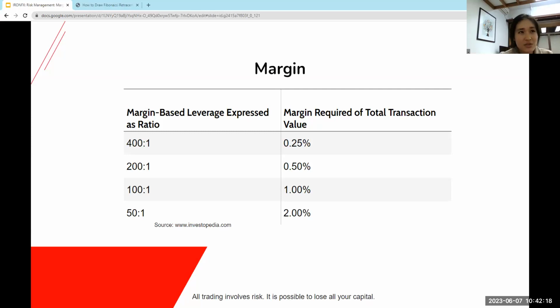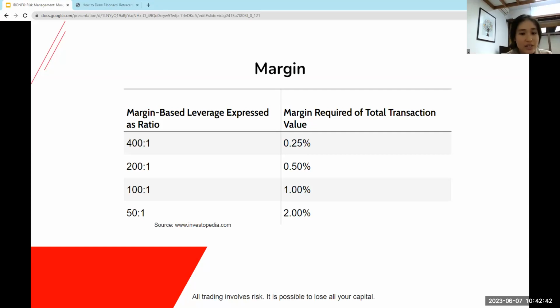So maybe to give you an example, if you are required to deposit 1% of the total transaction value as margin, and you intend to trade one standard lot of dollar franc, for example, that would be equivalent to $100,000 USD.